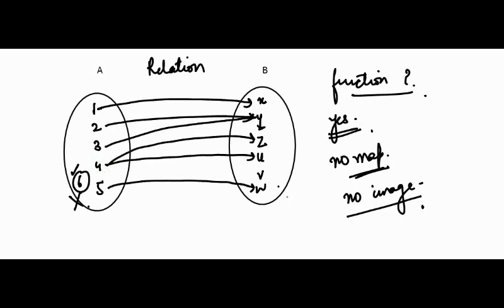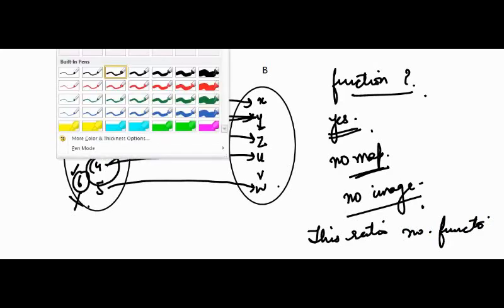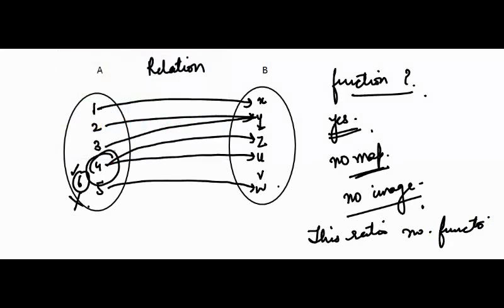Then also this relation will not be a function, because there is an element in A, that is 4, which is mapping to two elements in B. So this mapping is not a function. But if I take the initial case where each element of A has a unique image, then that relation is a function.